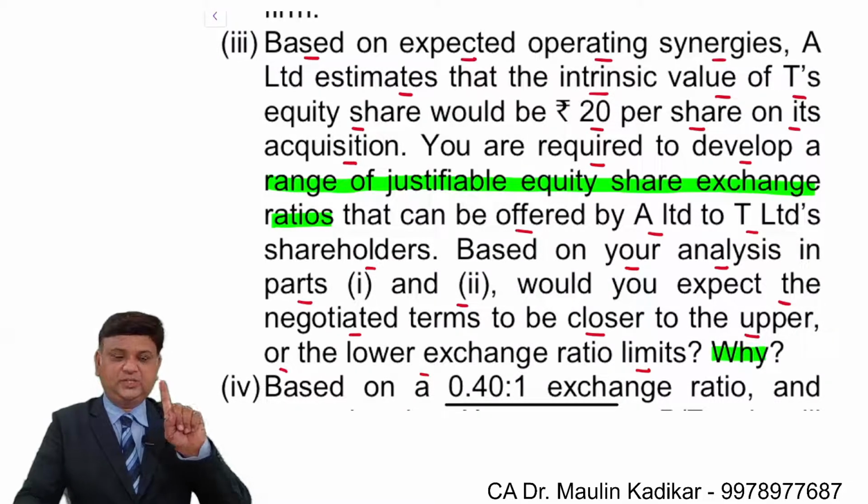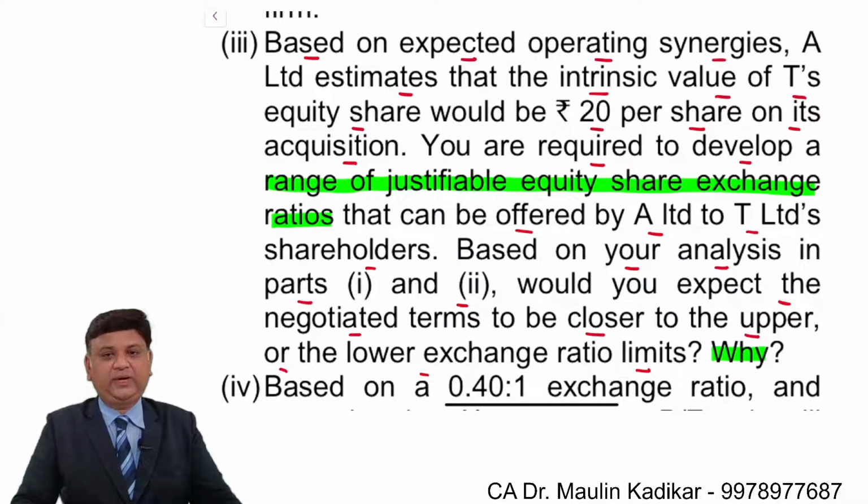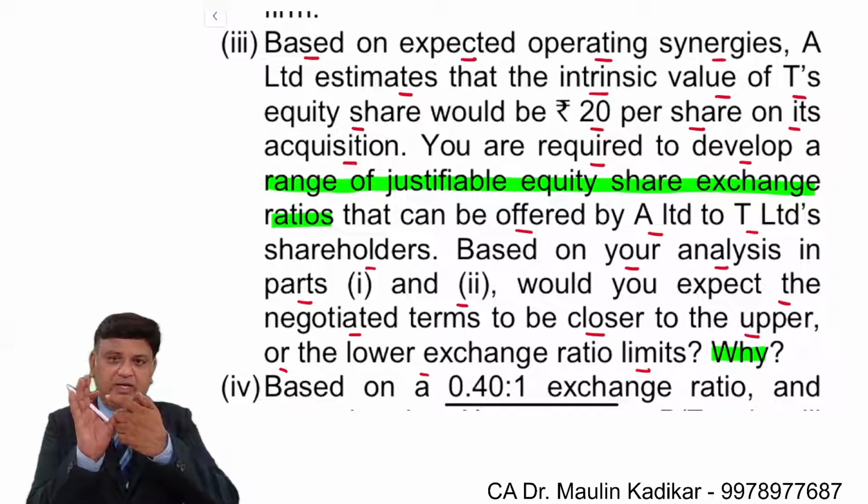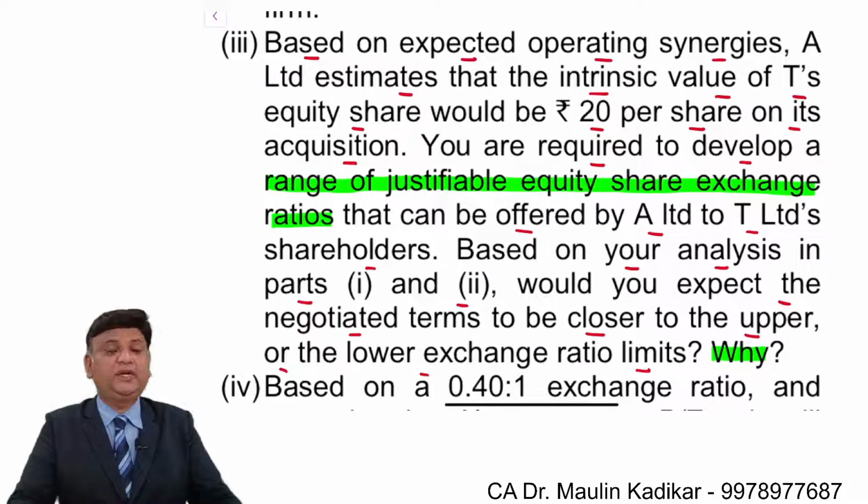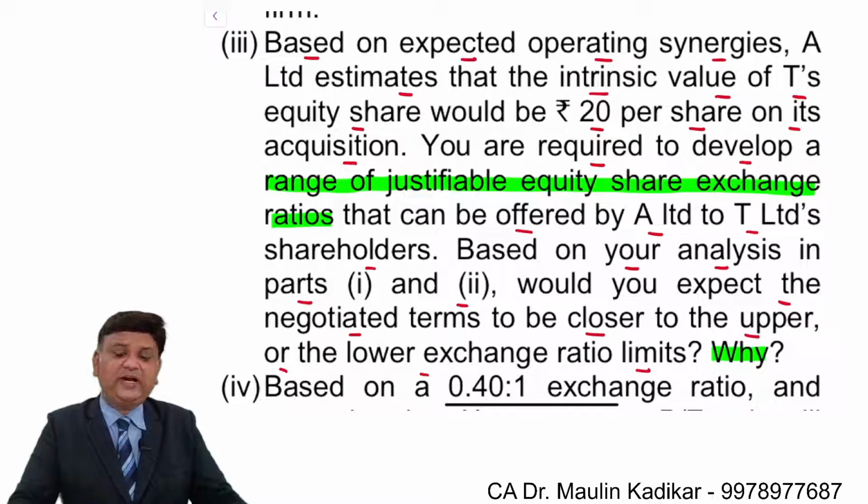That is the first question. Second question is whether you are expecting the exchange ratio to be near to the lower exchange ratio limit or near to the upper exchange ratio limit. That is the second question. And the third question is that you are required to substantiate, to justify why you expect the exchange ratio to be near to the lower or the higher exchange ratio limit.